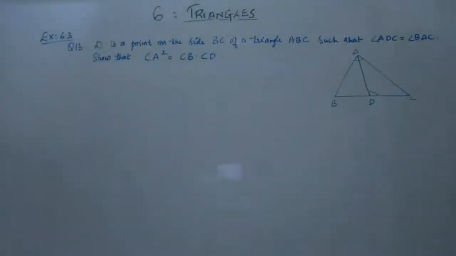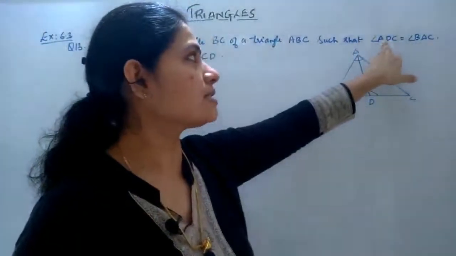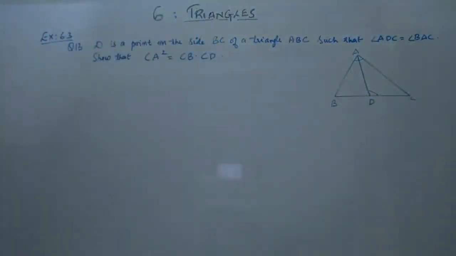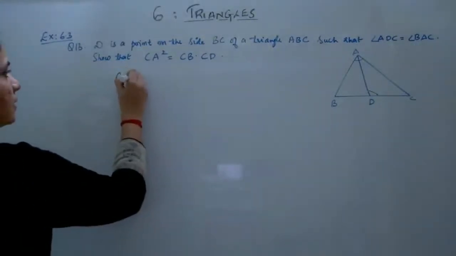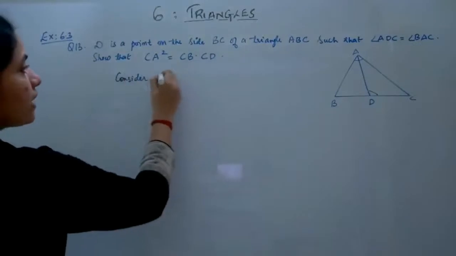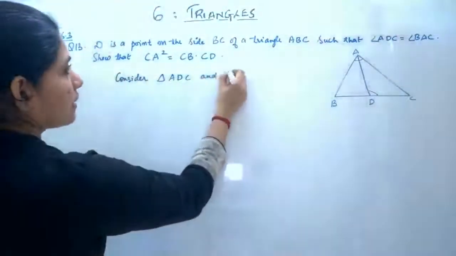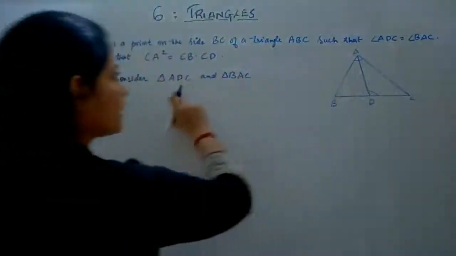First we will take the two triangles in which the angles are given to be equal, that is, triangles ADC and BAC, and show that the two triangles are similar, so that we can take the ratio of the corresponding sides and reach this result.